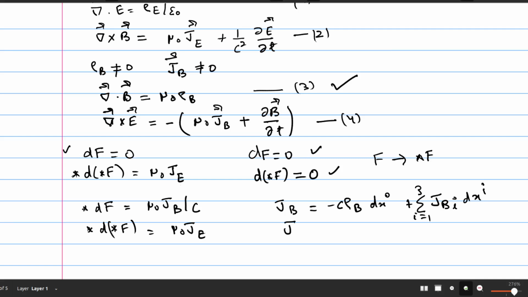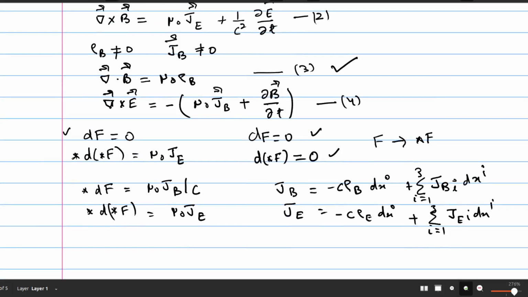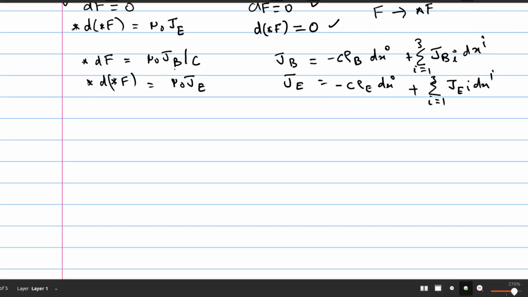and similarly Je is minus rho e dx0 plus Je ith component dxi, where i is summed from 1 to 3. So in these two equations, in the presence of non-zero magnetic current and non-zero electric current and current density, this electric magnetic duality takes this form.